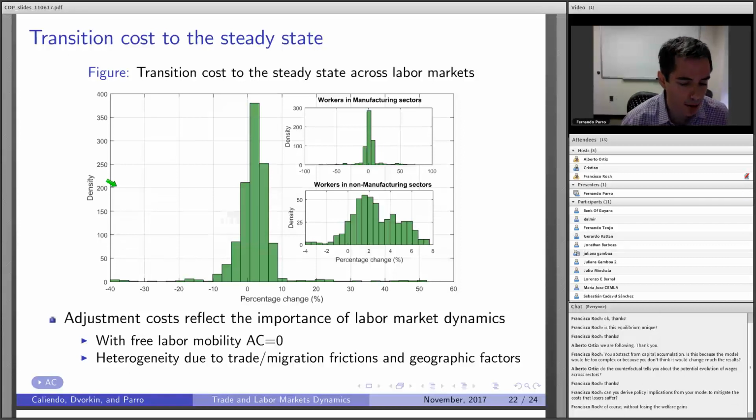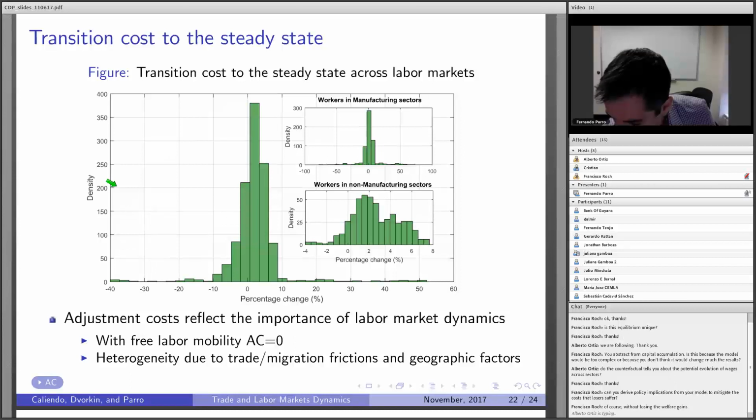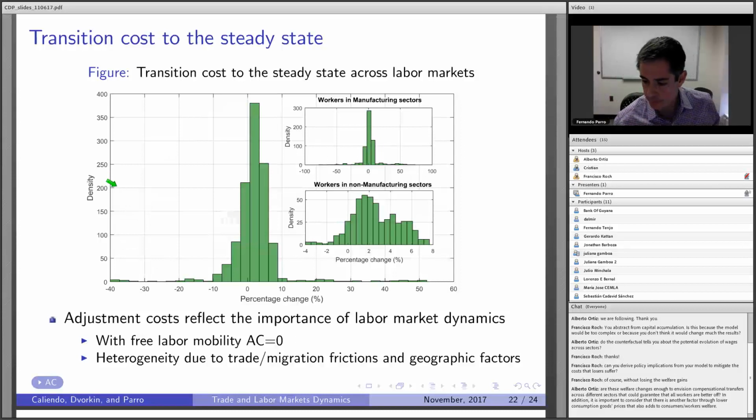In the context of previous static trade models with completely free labor mobility, this histogram would have been empty.